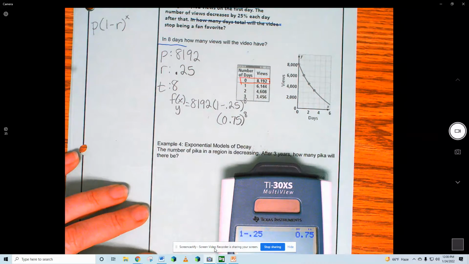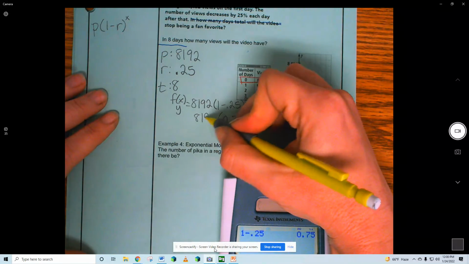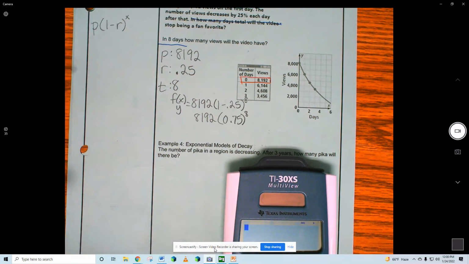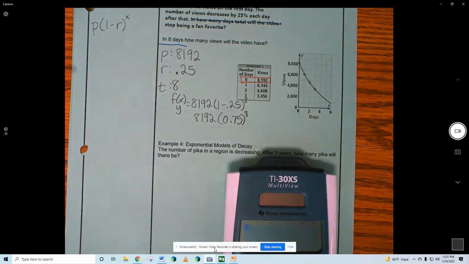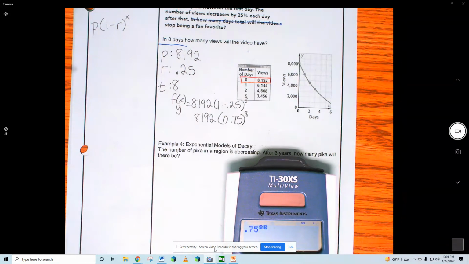This is what you would have to do if you didn't have my fancy calculator like I have here. So basically on your homework, then I would do 0.75 to the 8th power.